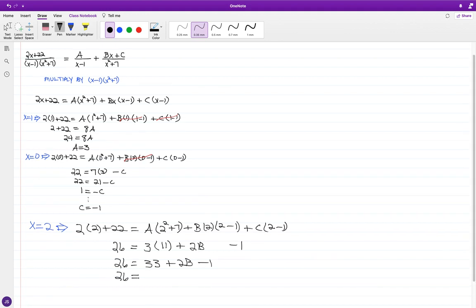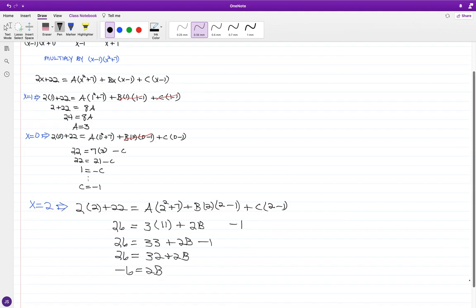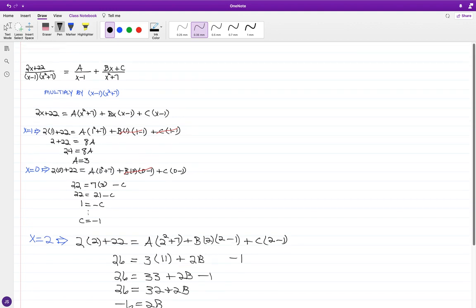So we're going to have 26 is equal to 32 plus 2b. And if I take 32 away from both sides, 26 minus 32 is negative 6. Negative 6 is equal to 2b. And with division by 2, it's going to follow that b is equal to negative 3. So we have a at positive 3, b at negative 3, and c at negative 1.